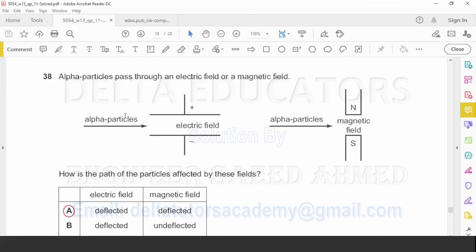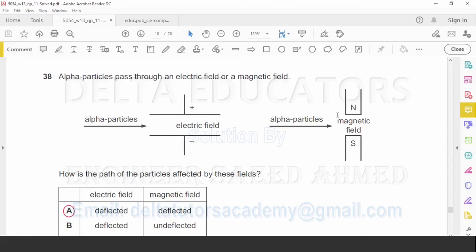When these positive charged particles enter an electrical field, they will be attracted towards the negative plate. Since it is attracted towards the negative plate, it will not move in a straight line. They will be deflected towards the negative plate. So here alpha particles are deflected when passed through an electrical field.